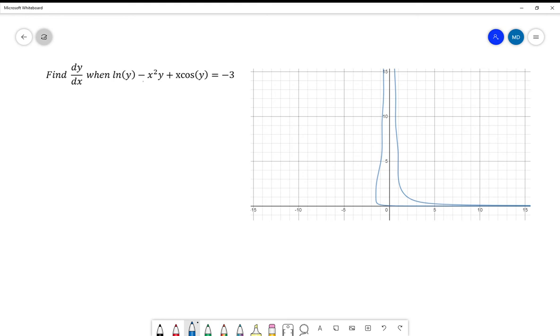So find dy by dx when the natural log of y minus x squared y plus x cosine y equals negative 3. So we want dy by dx, so we're going to differentiate with respect to x on both sides.